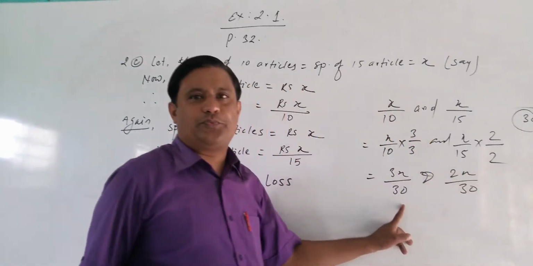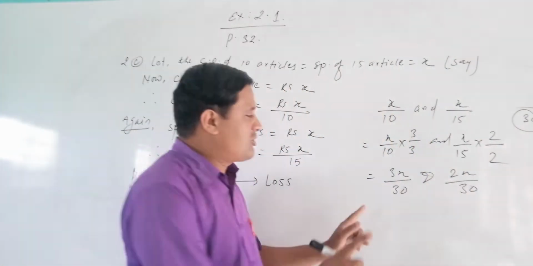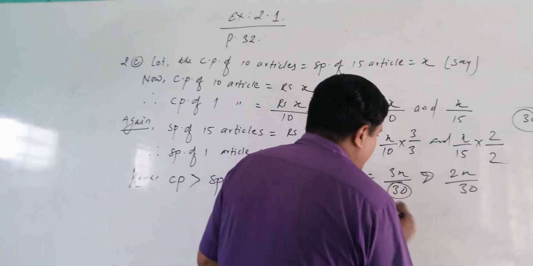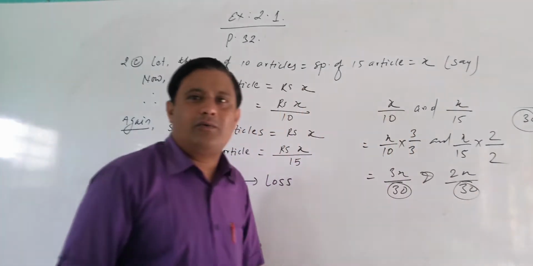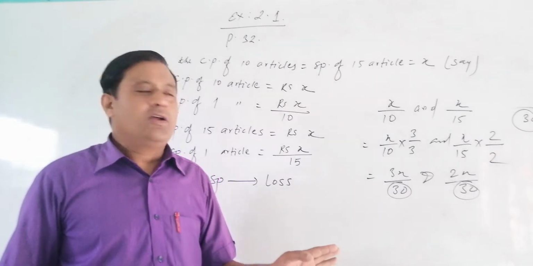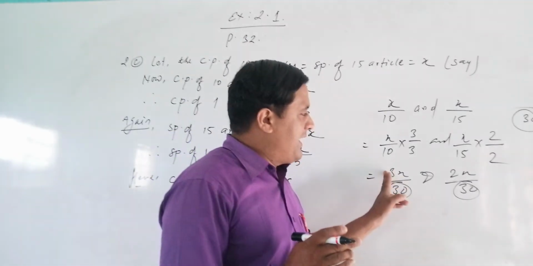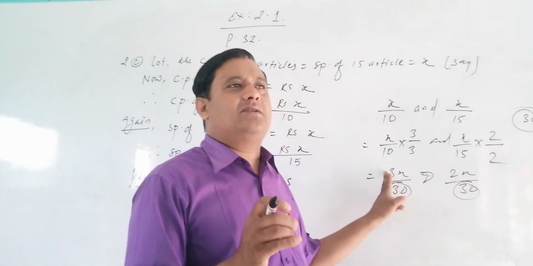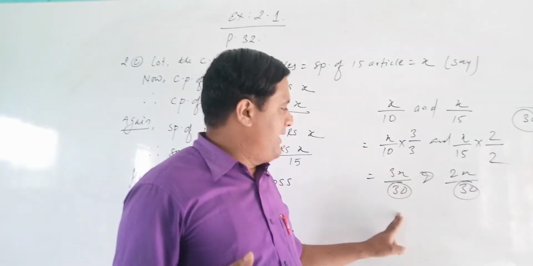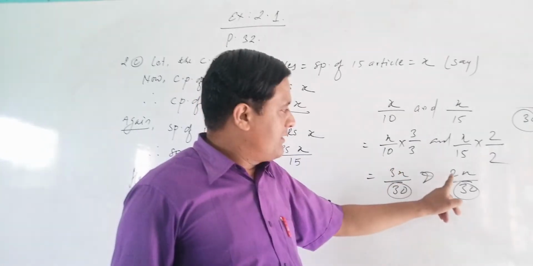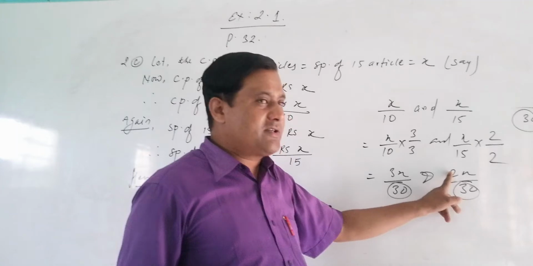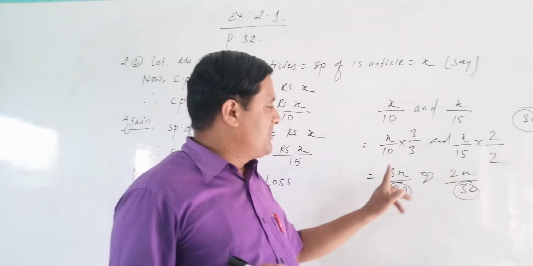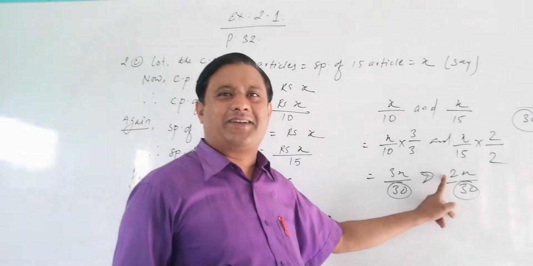Now compare these two. To compare them, the denominator is now the same, so we should not check the denominator. To compare the given fractions, which one is greater, we check the numerator: 3x and 2x. Which is greater, 3 or 2? 3 is greater.